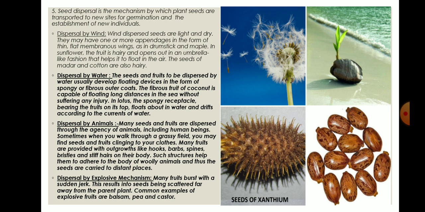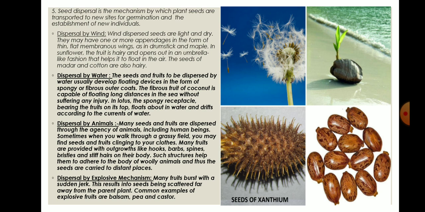When dispersed seeds are light and dry, they may have one or more thin, flat, membranous wings, as in the drumstick and maple. In sunflower, the fruit is hairy and opens out in an umbrella-like fashion that helps it to float in air. The seeds of madar and cotton are also hairy.